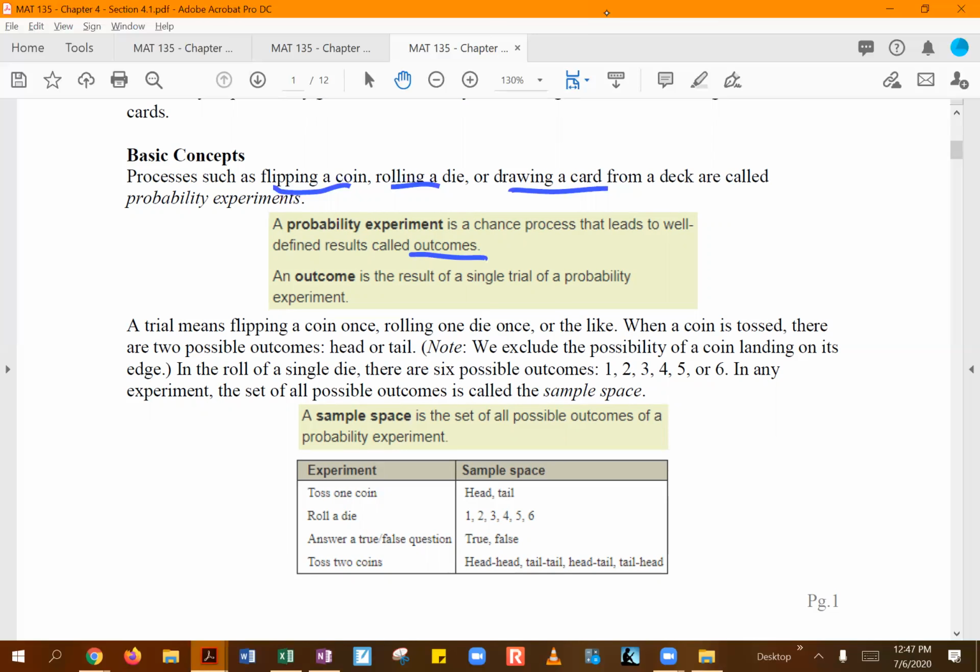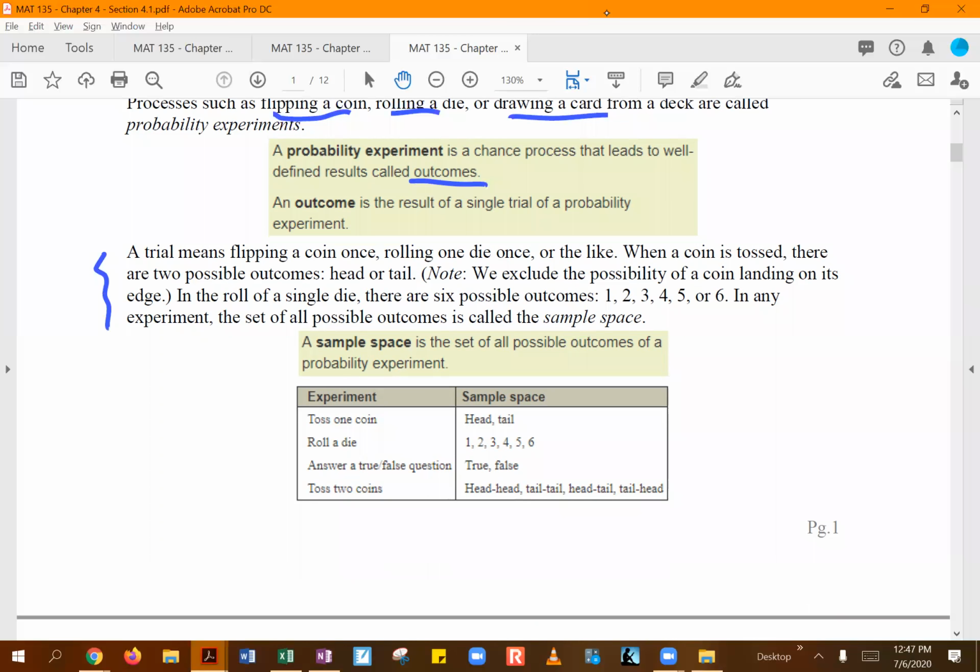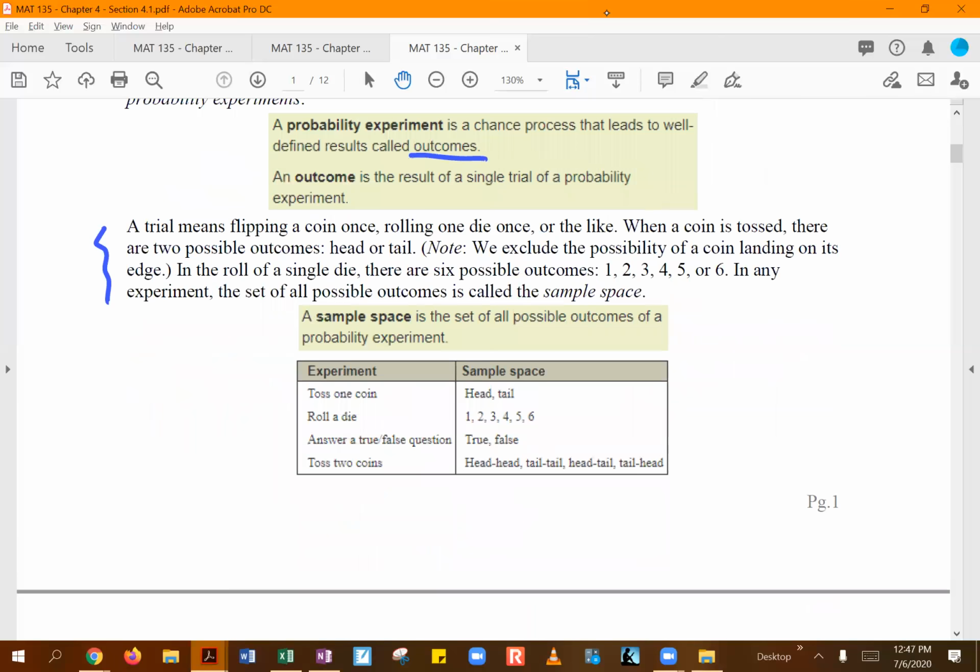Those would be our outcomes. So in this paragraph, tossing a coin has 2 outcomes, head or tail, excluding the possibility that the coin would land on its edge, because obviously that does not count as an outcome. When we're rolling a single die, our outcomes could be anywhere from the numbers 1 to 6.